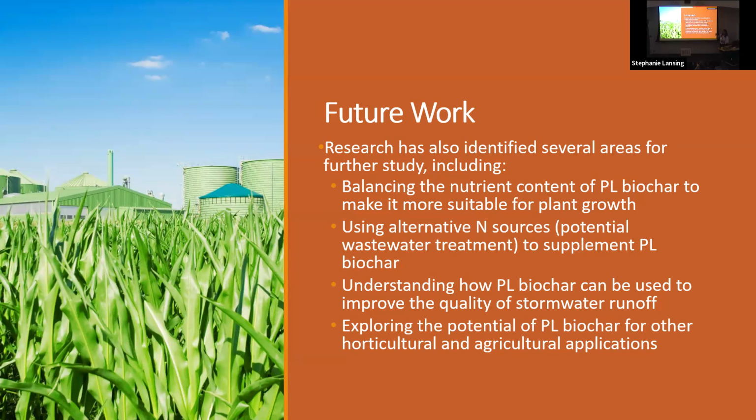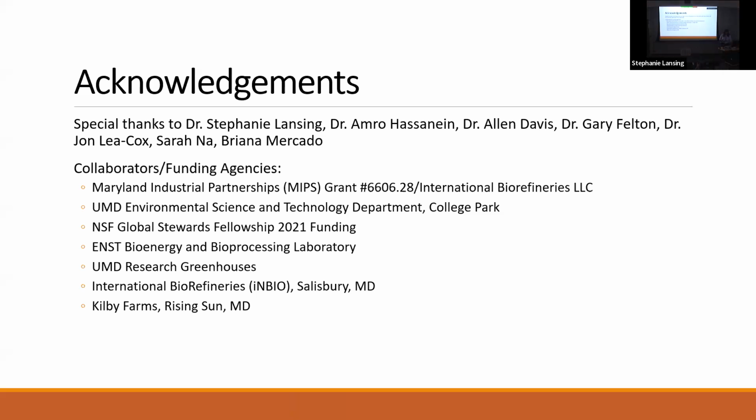Since I'm focusing specifically on stormwater runoff, by applying this biochar remediation method to various types of sites, whether it be stormwater runoff or mine drainage, whatever it is, poultry litter biochar can potentially have use in remediation in these fields. And then continued applications in large-scale horticultural and agricultural applications.